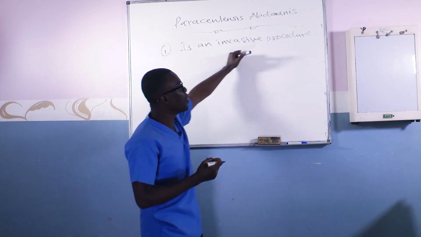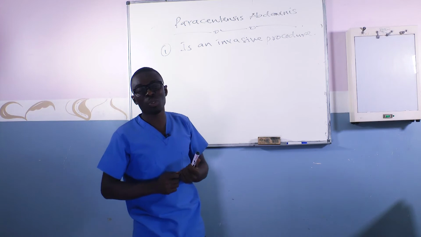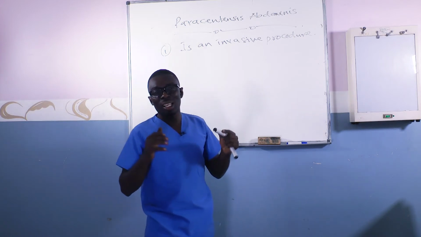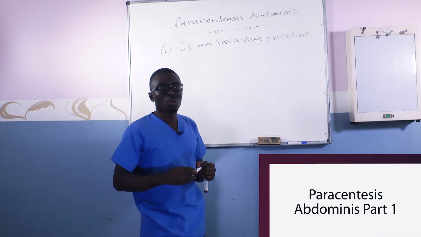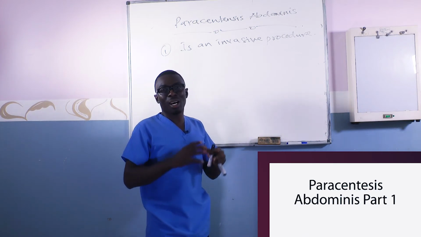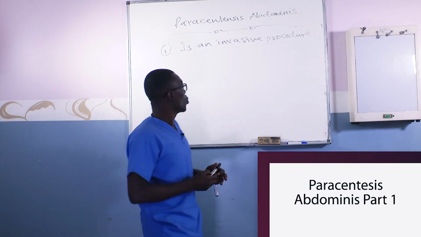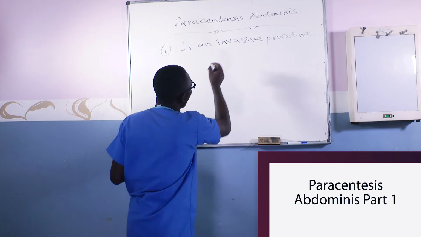So because it's an invasive procedure, it is very, very important to explain the procedure to the patient and allow the patient to tell you what they understand is going to be done for him or her. And as the patient understands, you reinforce the signing of the consent form. So here, consent form is very important.